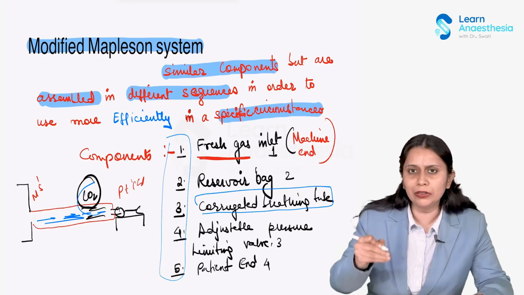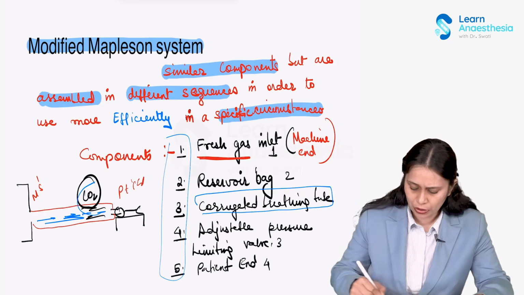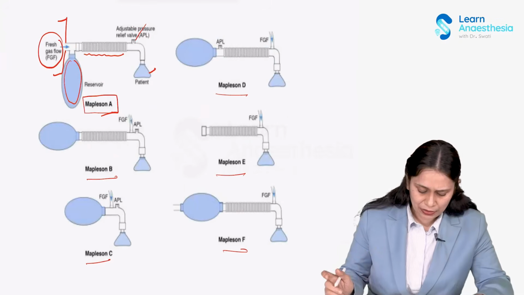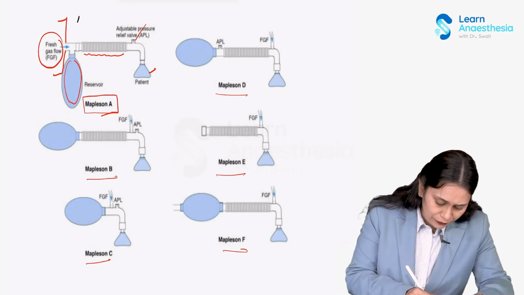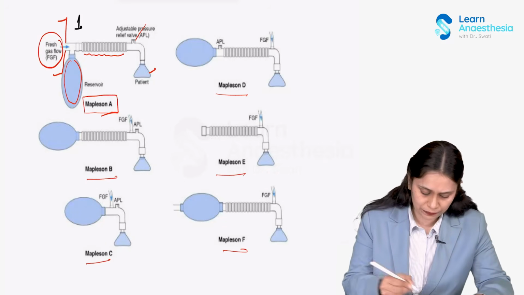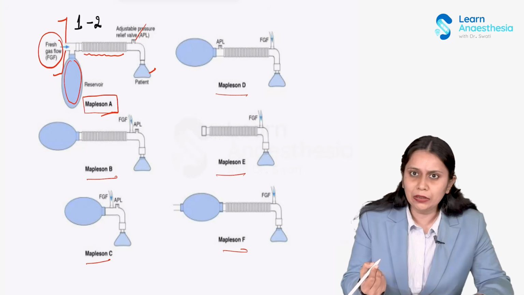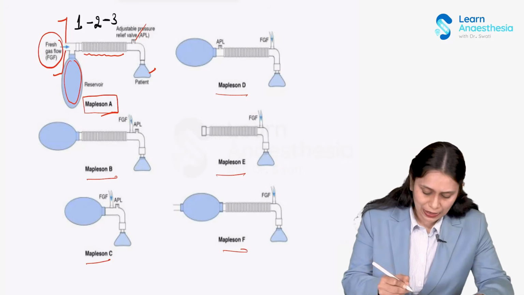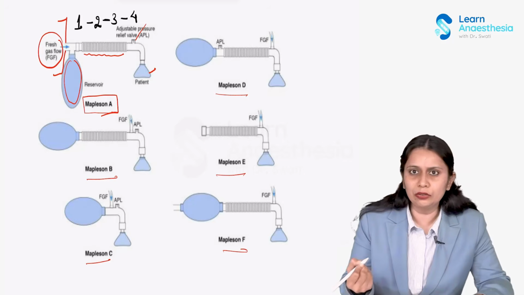Now, how are 1, 2, 3 and 4 arranged over the corrugated breathing tube in the Mapleson A circuit? In Mapleson A, we have the fresh gas inlet first, then the reservoir bag, then the adjustable pressure limiting valve, and then the patient end. So it is arranged 1, 2, 3, 4.